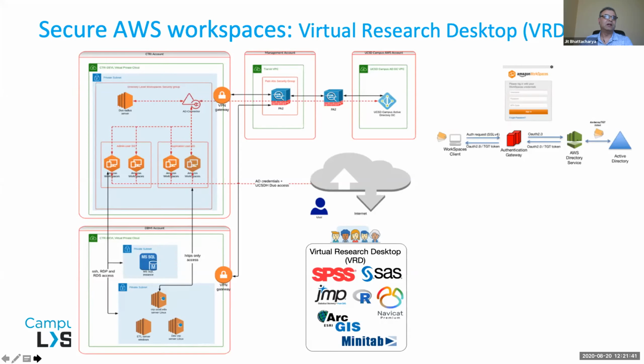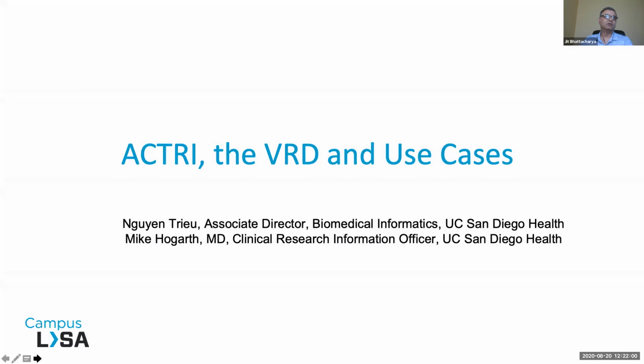And then they're provided the privileges based on their approval of certain resources in different accounts using a combination of security groups that are applied specifically to those workspaces. And then we also use Duo as an MFA for this. And with that, I'm going to pass this on to Nguyen and Mike for the next section.